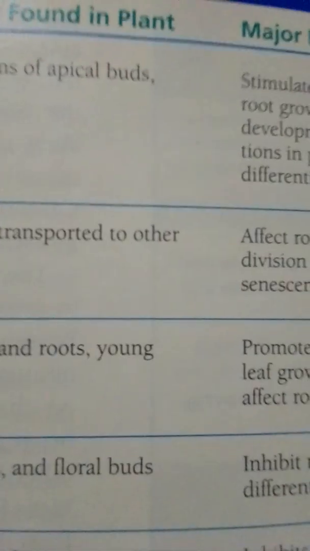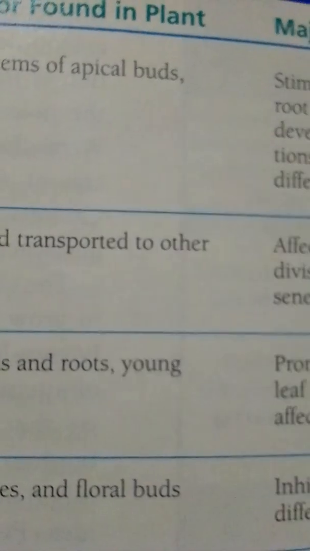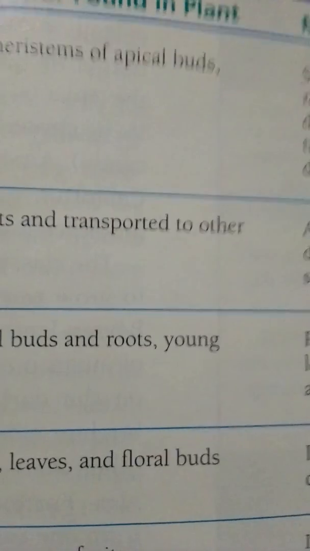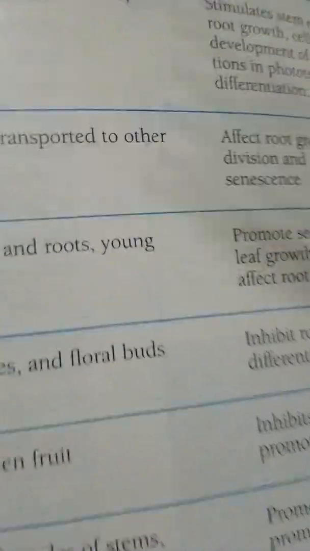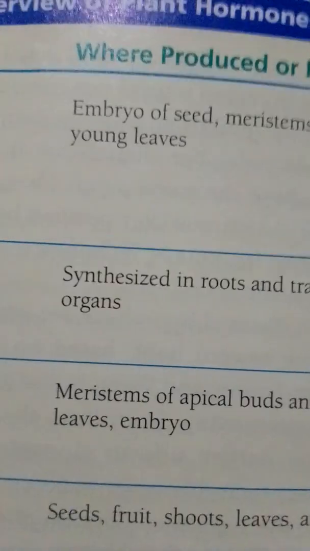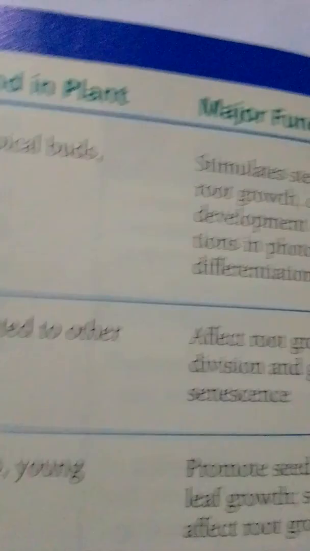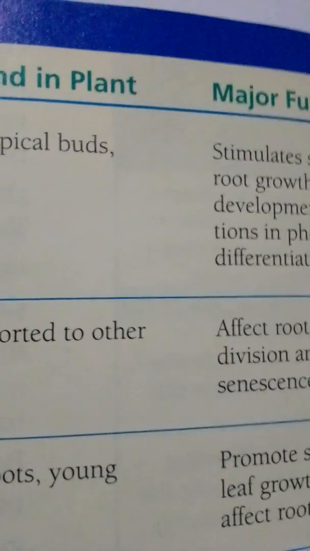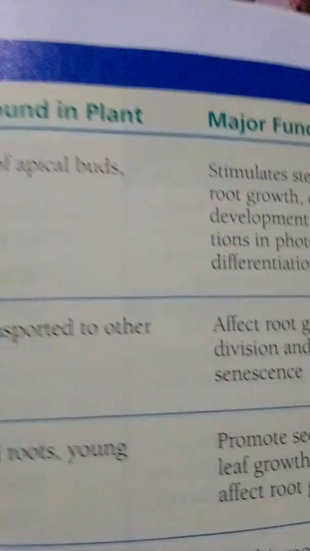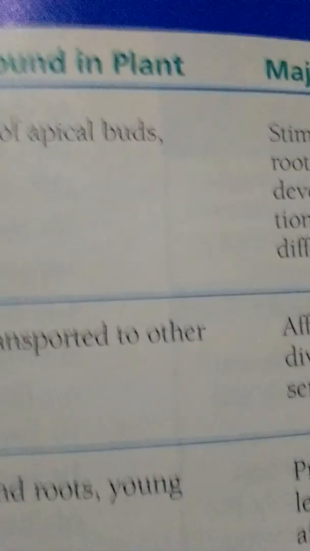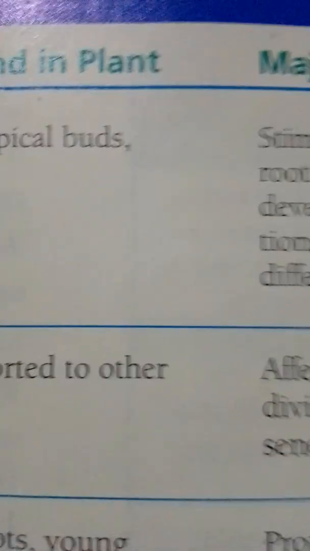Major functions: inhibits growth, closes stomata during water stress, promotes seed dormancy. Ethylene: where produced or found in plant tissues of ripening fruit, nodes of stems, aging leaves and flowers. Major functions: promote fruit ripening, opposes some auxin effects, promotes or inhibits growth and development of fruits, leaves and flowers depending on species.